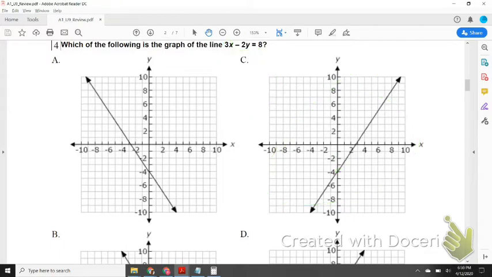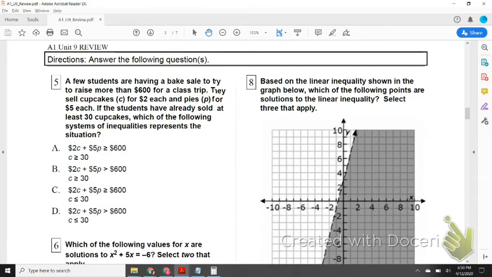All right, next one, number 5. It says a few students are having a bake sale to raise more than $600 for a class trip. They sell cupcakes C for $2 each and pies P for $5 each. If the students have already sold at least 30 cupcakes, which of the following systems of inequalities represent the situation?